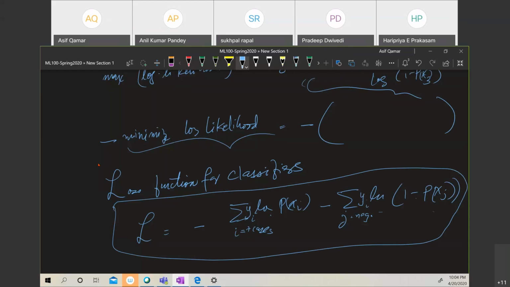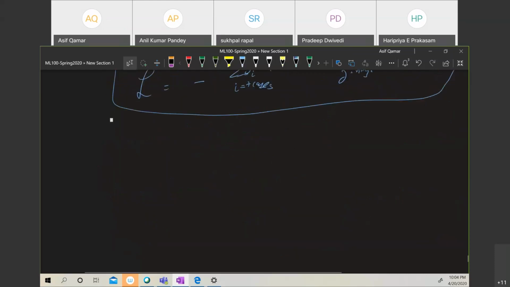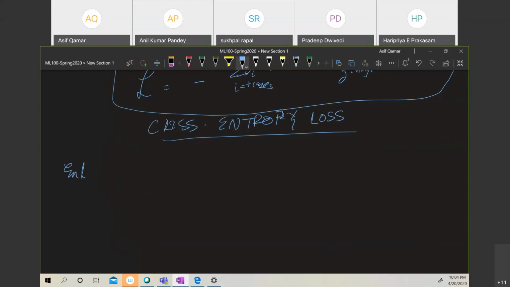But this helps us get a loss function for classification, just as we had a loss function for regression. For regression, it was the sum squared error. For classification, it is this. It's often called the cross entropy loss. Why it is called cross entropy loss is that entropy is a mathematical term coming from statistical mechanics and information theory.